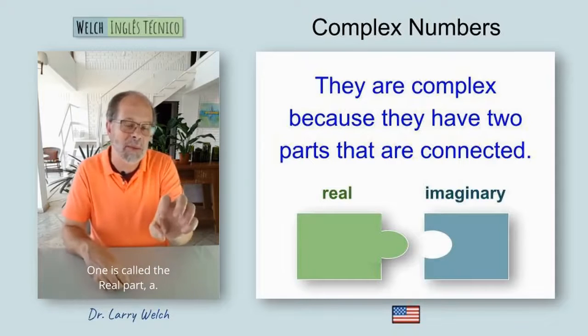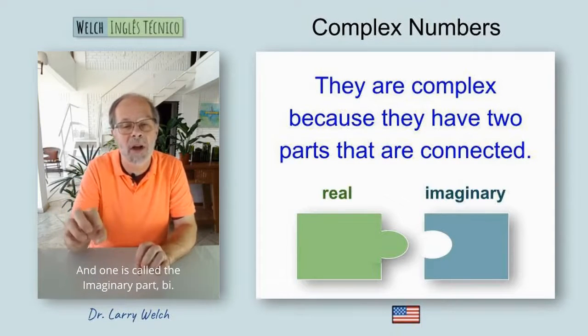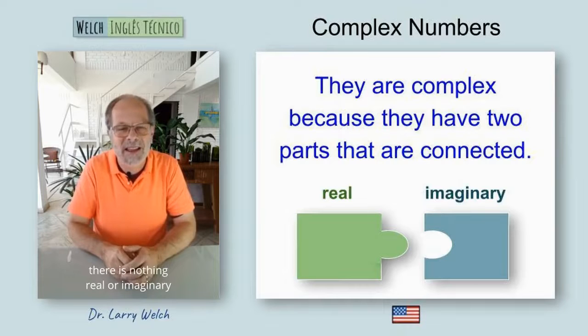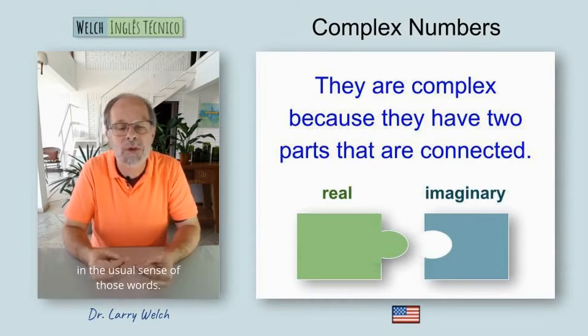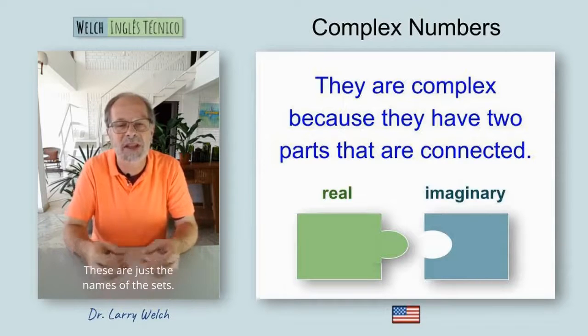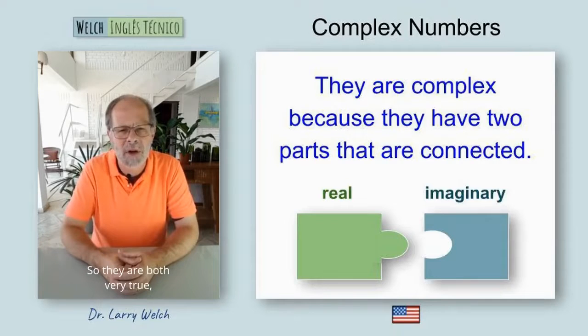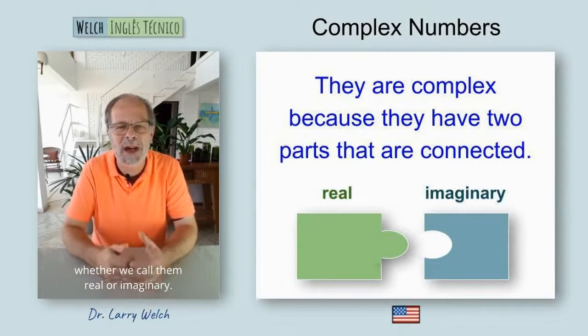One is called the real part, a, and one is called the imaginary part, bi. Now, please remember, there is nothing real or imaginary in the usual sense of those words. These are just the names of the sets. So they are both very true, whether we call them real or imaginary.